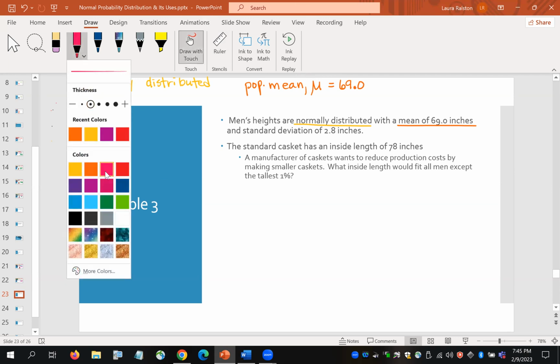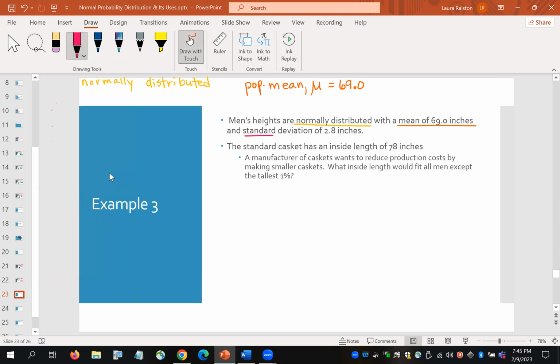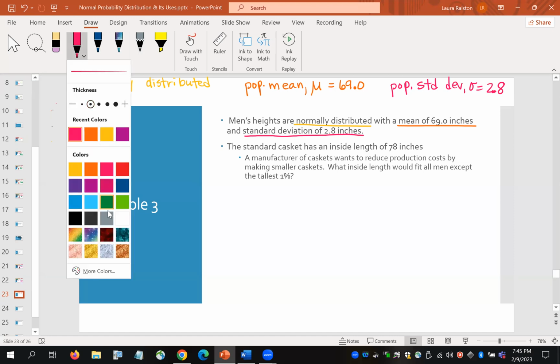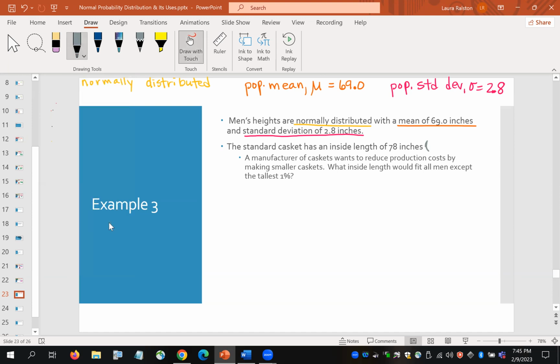And a standard deviation of 2.8 inches. The standard casket has an inside length of 78 inches. We need it later when we're interpreting this, but this is extra information. I don't necessarily need that statement to work the problem.